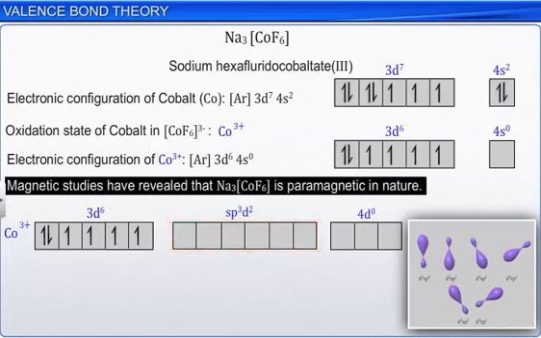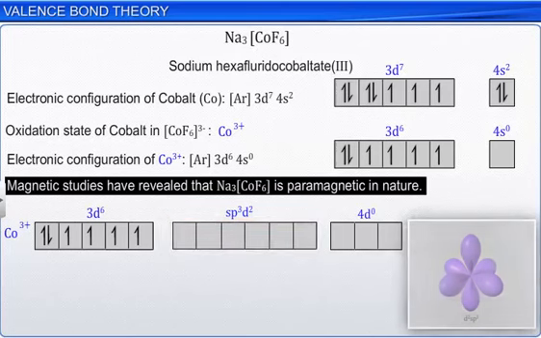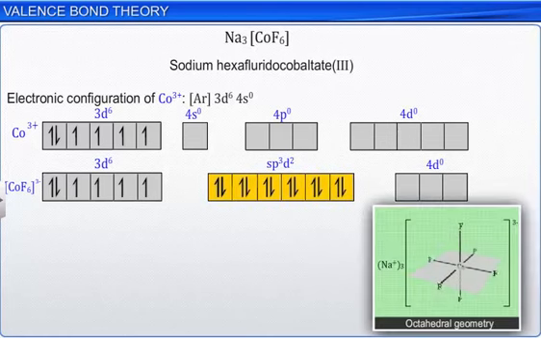As the outer d orbitals are utilized for hybridization, the complex is also called an outer orbital complex or high spin or spin-free complex.